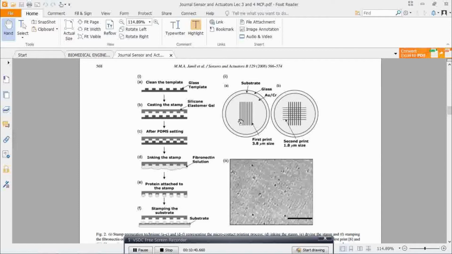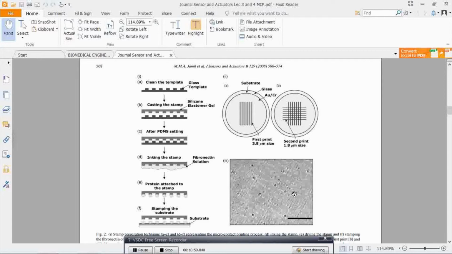When you do the first print, it's going to look like this. You have one direction, which is the 3.8 micrometer size, and then the second print goes the other way, so you have a cross-linked pattern.